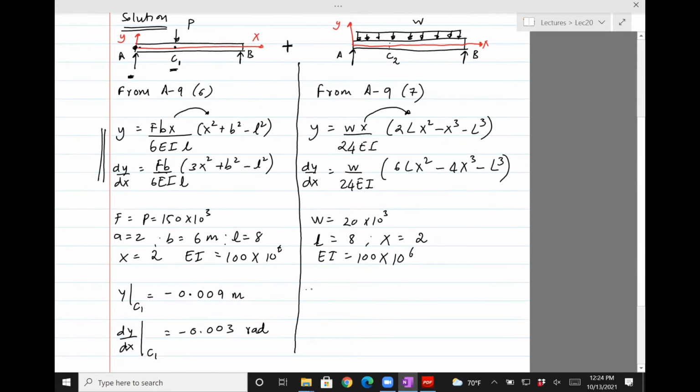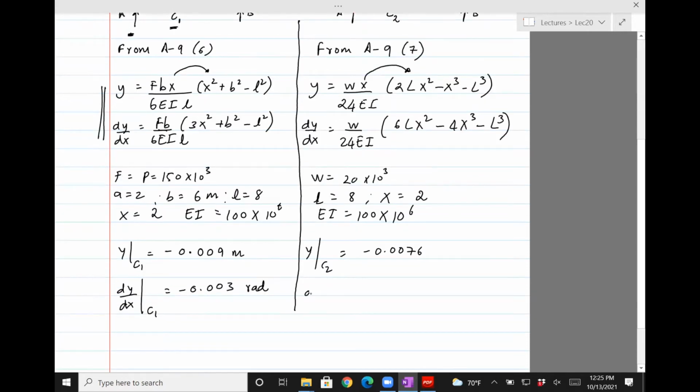Okay, so Y at C2, after plugging in the values, we have minus 0.076, and dy by dx at C2 is minus 0.029.